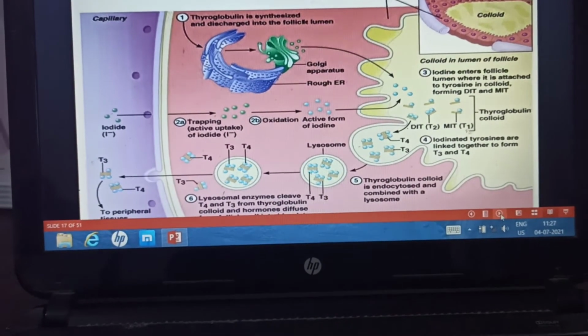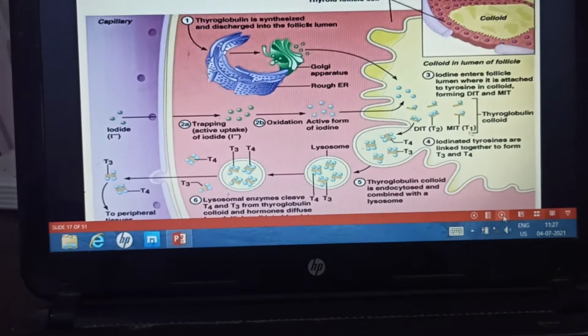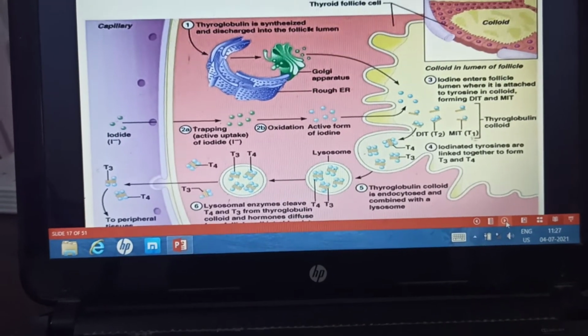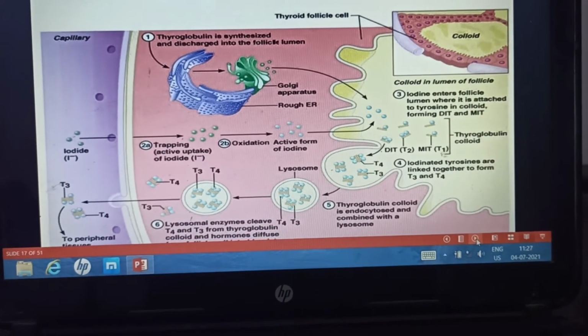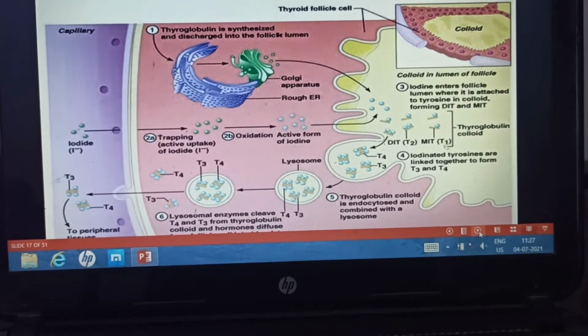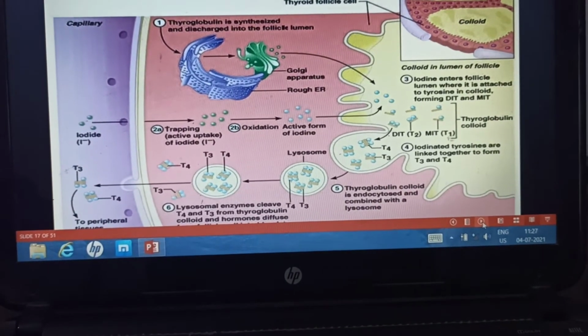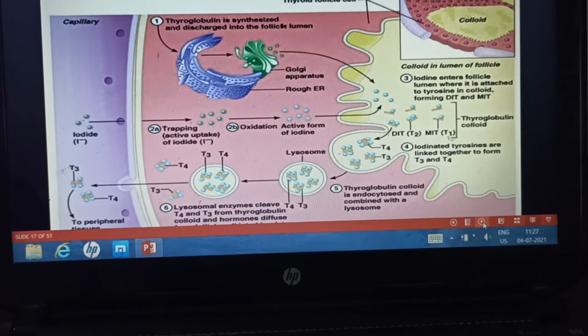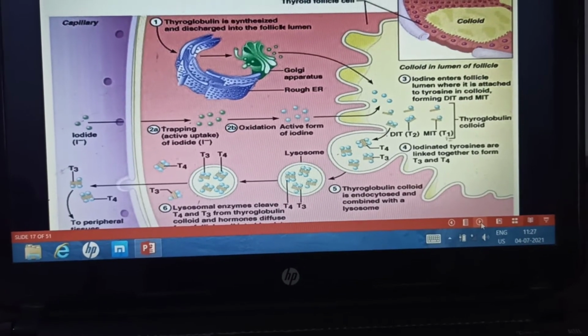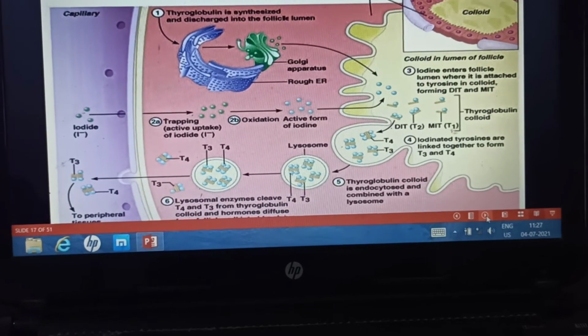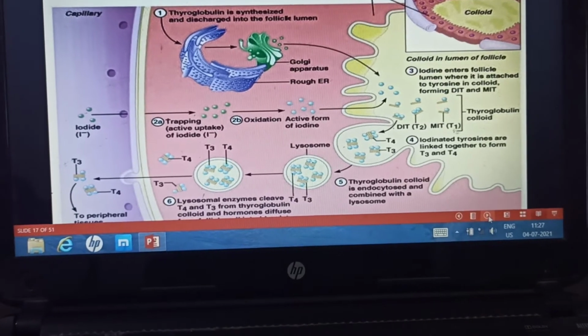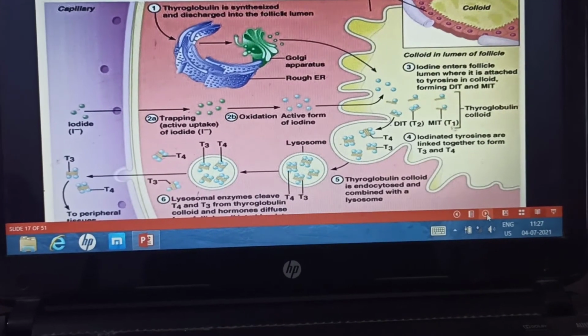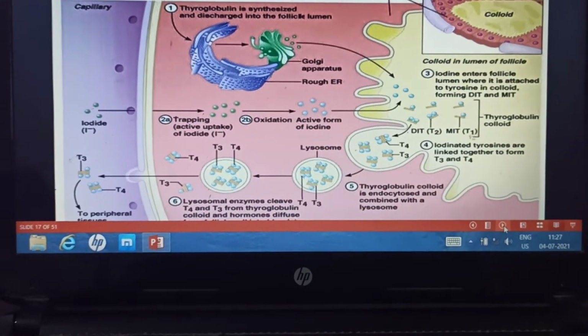Once the T3 and T4 are released into the cell, they are free and highly lipophilic, so they immediately diffuse into the circulation. They enter the blood and are transported to the organs. Now in the blood, the T4 gets converted to T3 by the enzyme deiodinase.